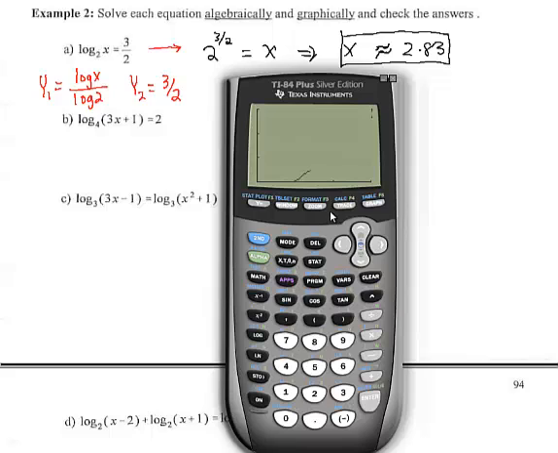Now we should get a good view of the intersection, and it appears right there on the far right of our screen. We go through the intersect procedure one more time. Second, calculate, intersect. First curve, enter. Second curve, enter, enter, and we get the same solution that we did algebraically, 2.83 if we round it to the nearest hundredths for the x variable.